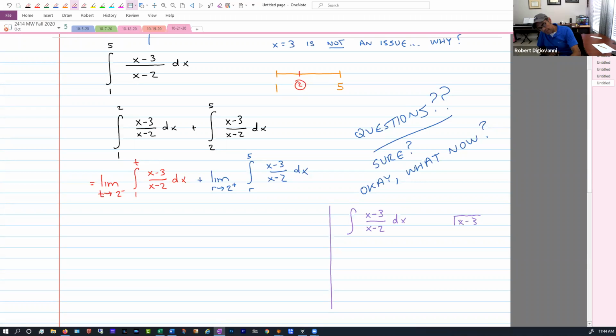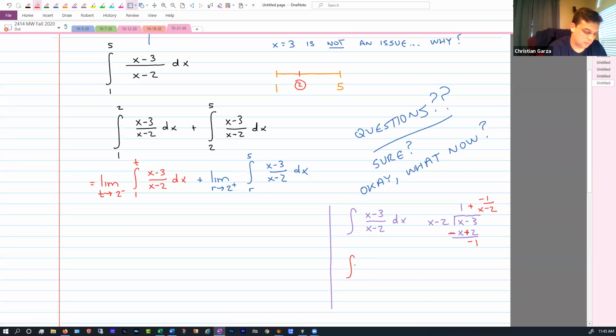So this is partial fractions. Long division. It'll be 1 plus 1 over x minus 2. You get a negative, because you have to change the sign. Yeah, negative, sorry. Minus 1 over x minus 2.